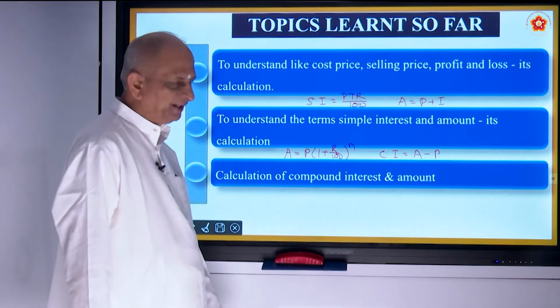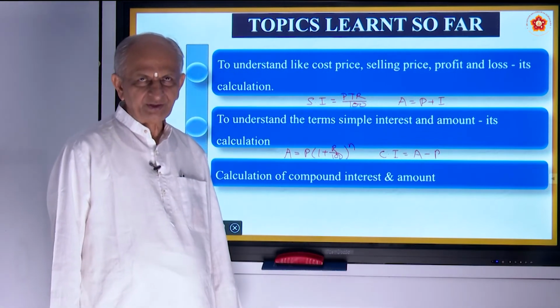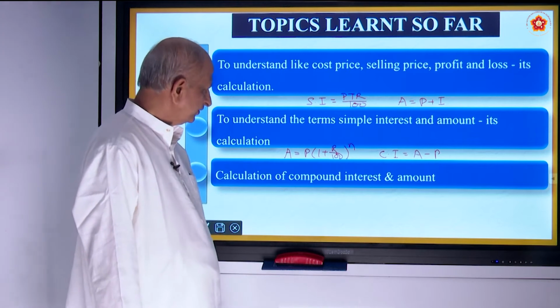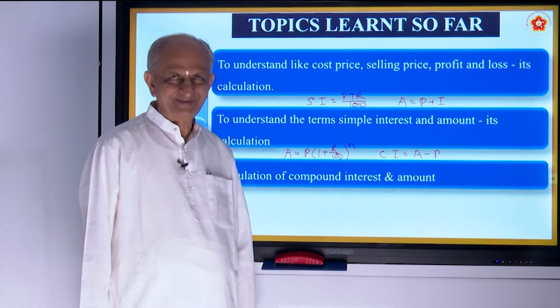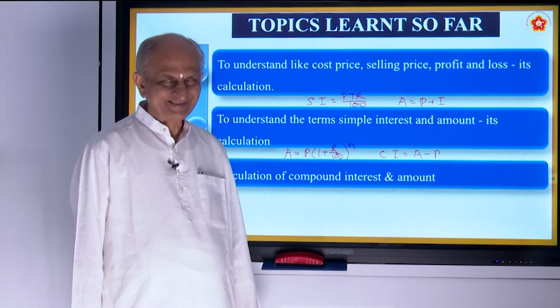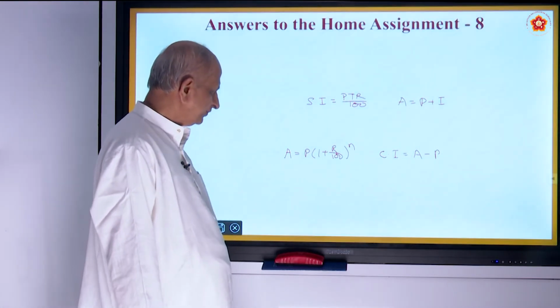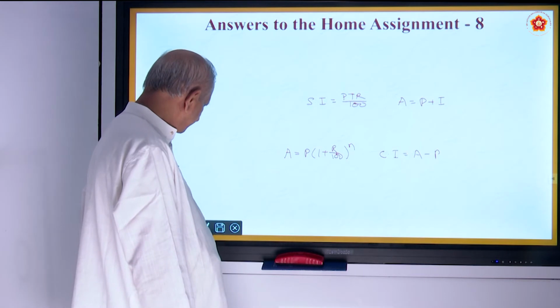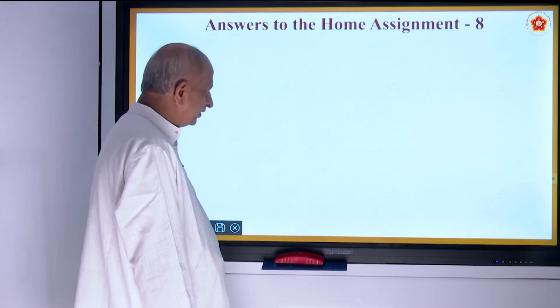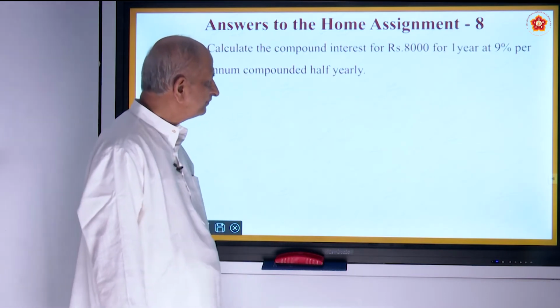It is the interest on interest. Correct? And also we have seen the formulas connected to that. Now we are coming to the home assignment.